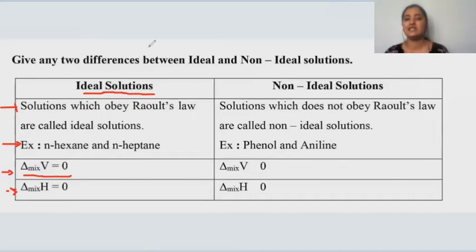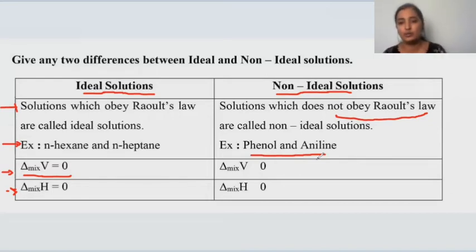Now let us consider the non-ideal solutions. The solutions which do not obey the Raoult's law are called the non-ideal solutions. The best example for that will be phenol mixed with aniline, which is an example for the solution which is not going to obey the Raoult's law.